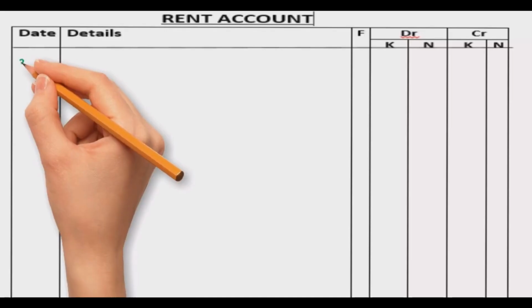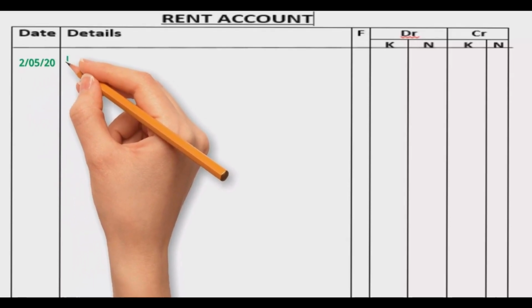Okay, now you can see there is date, details, F and debit and credit there. So you can see the kwacha and ngwee signs there. So we say 2nd May 2020 bank, so we write bank there, and then how much was paid through cheque?